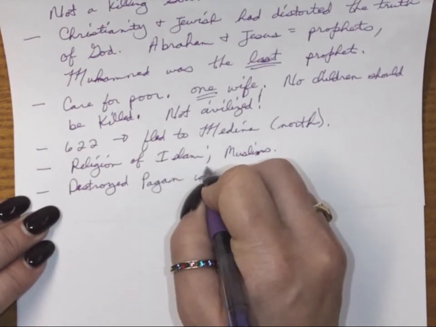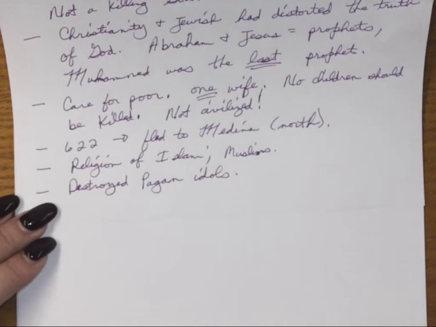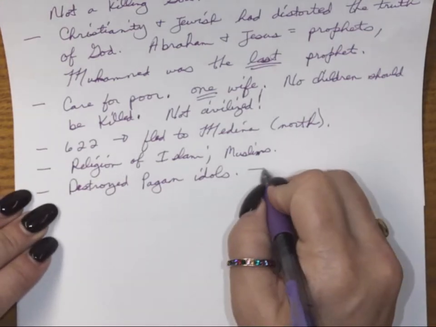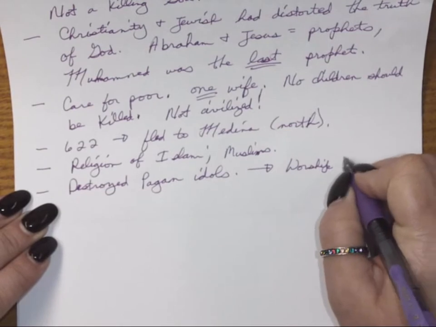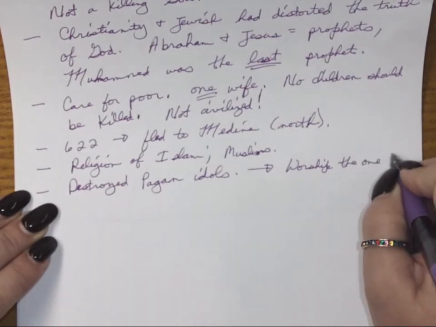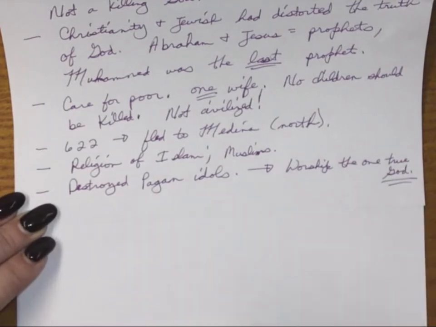We're not going to worship rocks. We're not going to worship some fountain in the middle of the desert. We're not going to worship those things. Instead, we're going to worship the one true God. That was his goal. Okay, and a single God, just one, not lots of gods running around there.